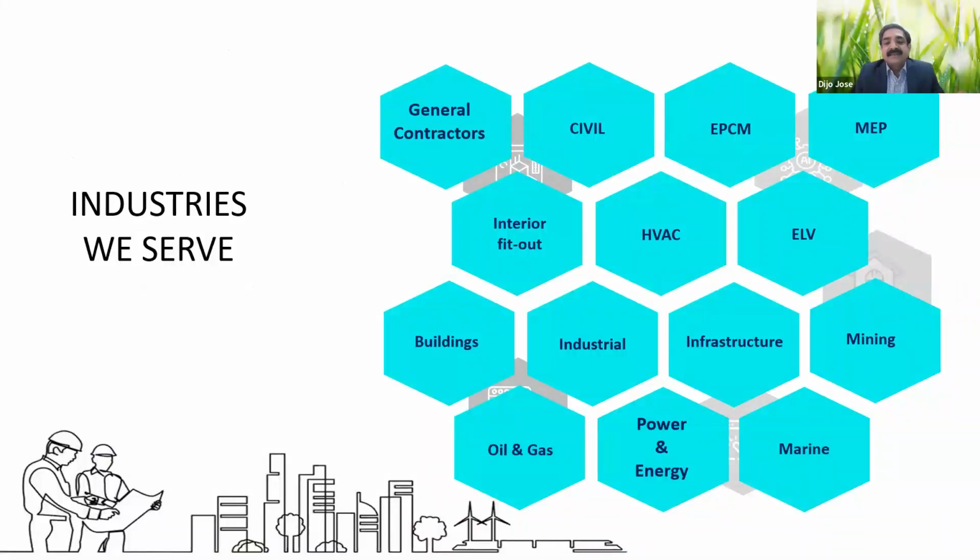So which industries can make use of the CivitBuild application? Any sub-industry within construction, starting from your general contractors. If you are a civil contractor, civil subcontractor, a PMC, an MEP, or an interior fit-out company, you can make use of the CivitBuild application for your day-to-day operations, which enables you to automate the different departments within your organization, including your sales department, project management, procurement department, or finance.